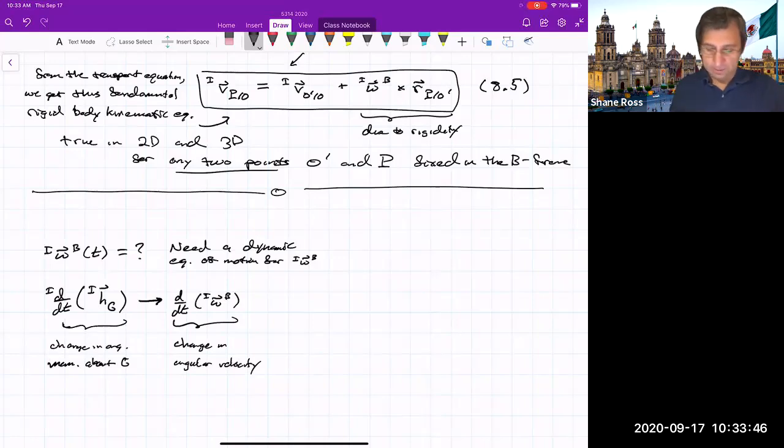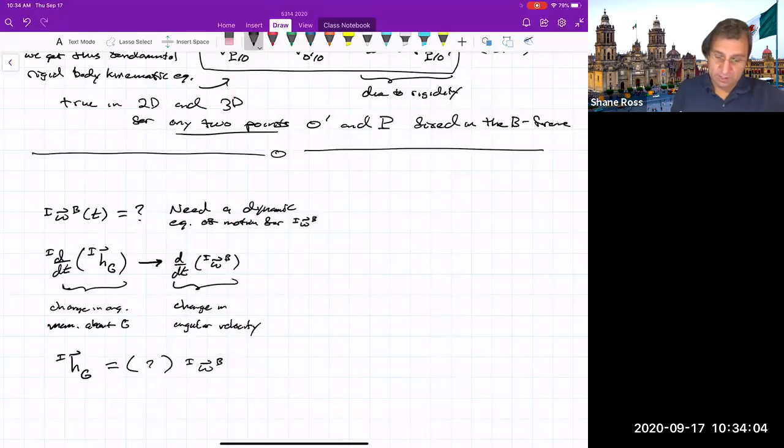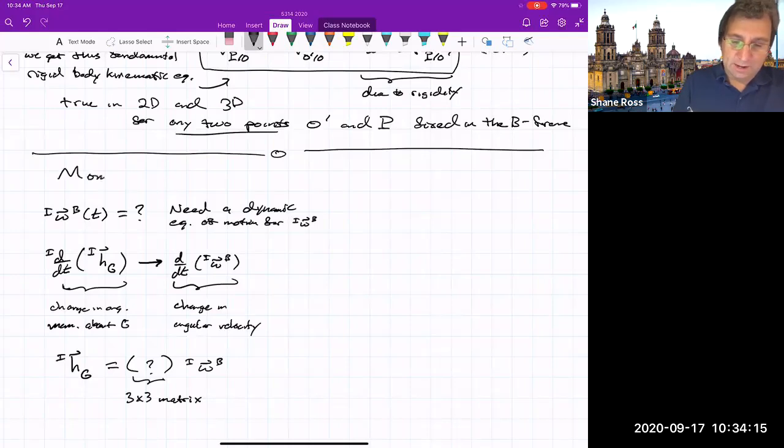To get to this, we write the angular momentum as something times the angular velocity. So we're assuming we can write this formula. Now what's in here? This ends up being a 3x3 matrix. And so that's what we'll talk about. In fact, maybe I'll just write up here a heading.